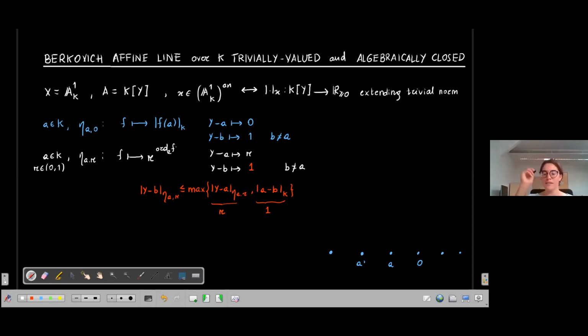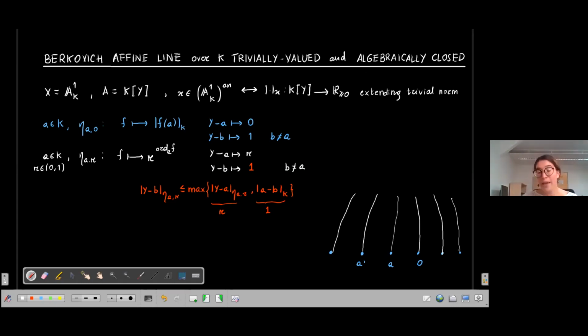So far, what we defined are these blue points that are just associated to elements in K. Now, when we fix an element a in K, to each element r in our interval, we can define some norm, these are the eta a r. So in my picture, I can attach to each of these elements in K an interval 0, 1.